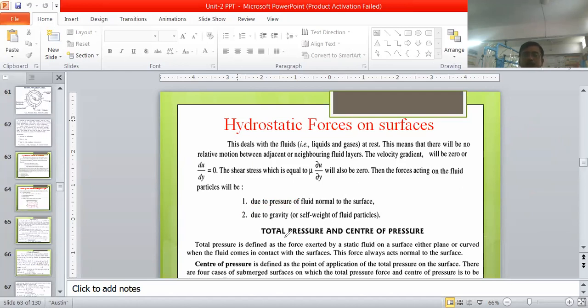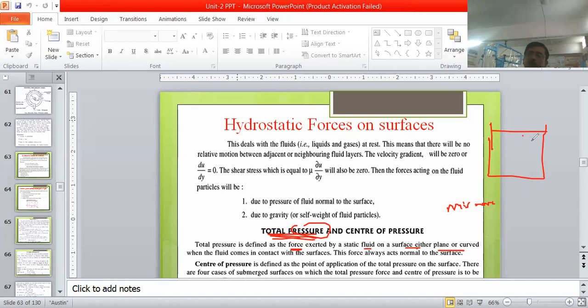So what is the meaning of total pressure? Actually, this word total pressure is a misnomer, because here we are actually discussing force, total force, but the word total pressure has been used. In the definition, total pressure is defined as the force exerted by the static fluid on the surface, either plane or curved. Suppose you take a bucket filled with water.